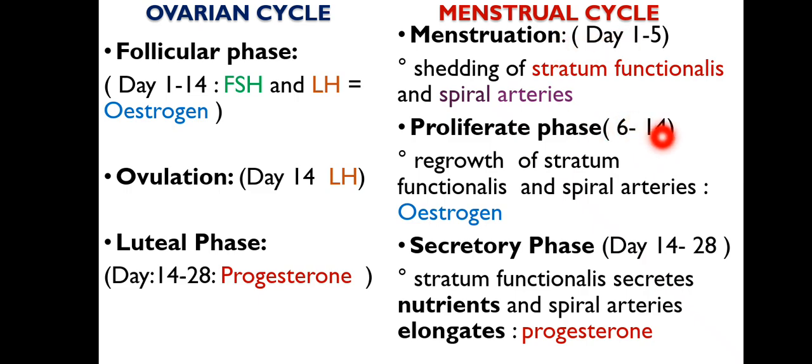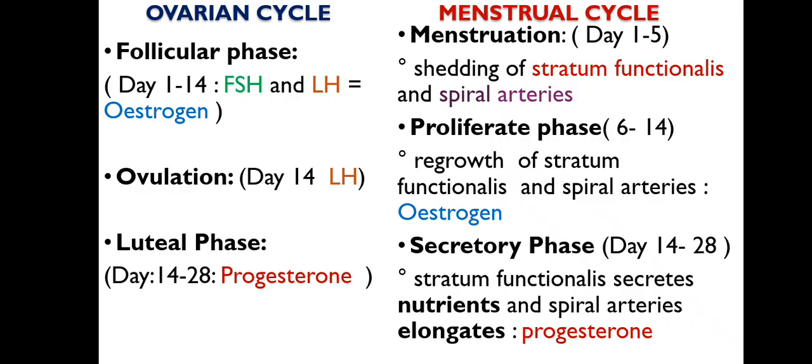From day 6 to day 14, I talked about this. Since the layer has been shed off, the cycle must start again, because you don't want, at day 14, when the ovum is coming, for it to find this uterine lining bleeding. No. So from day 6 to day 14 is what we call the proliferative phase or regeneration phase. There is regrowth of the stratum functionalis and the spiral arteries.